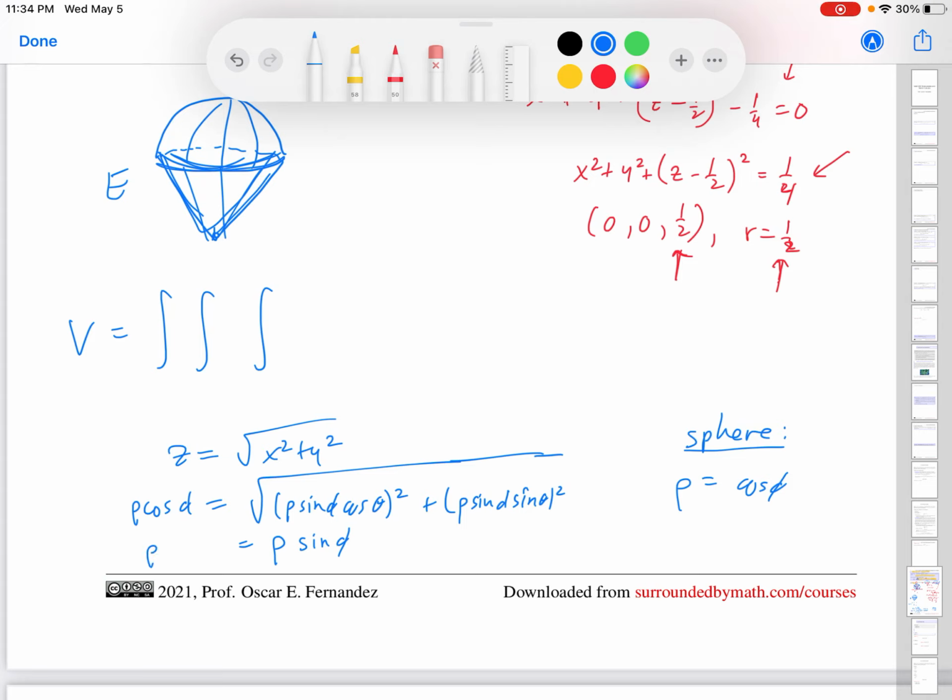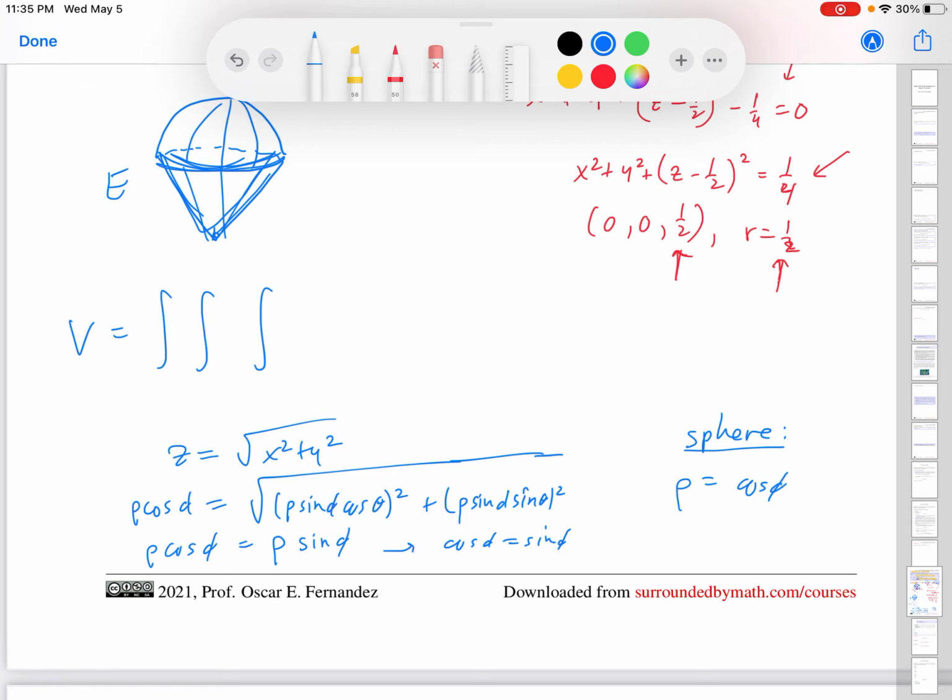So again, either rho is 0, which it's not, or I get cosine of phi equals sine of phi. In other words, tangent of phi is 1. There are lots of solutions, but remember in spherical coordinates, phi goes from 0 to pi, because phi is the angle measured from the positive z-axis.